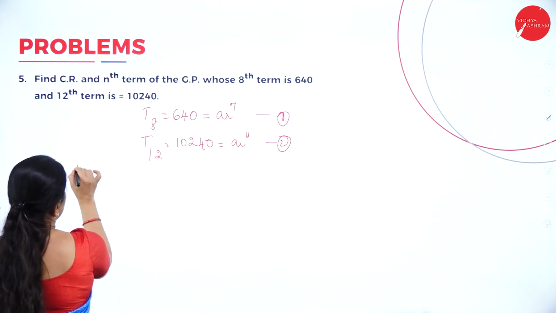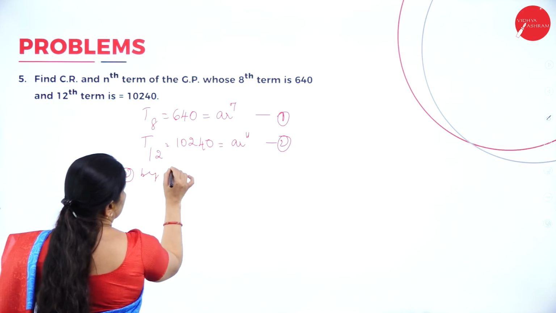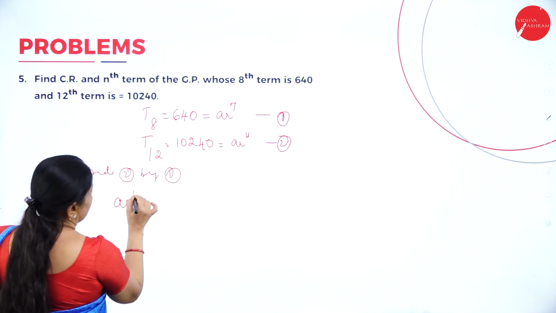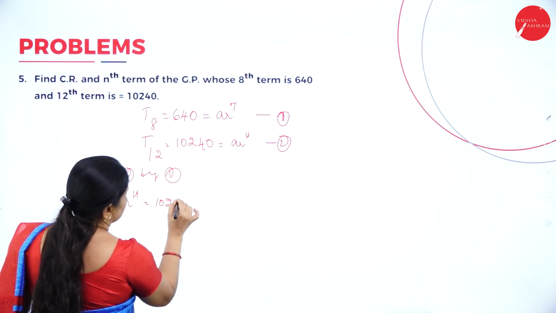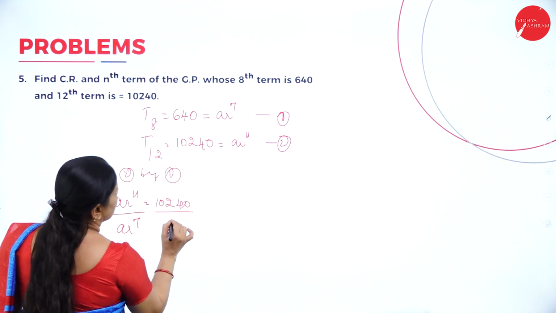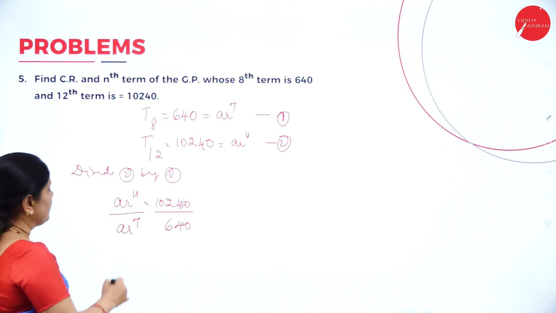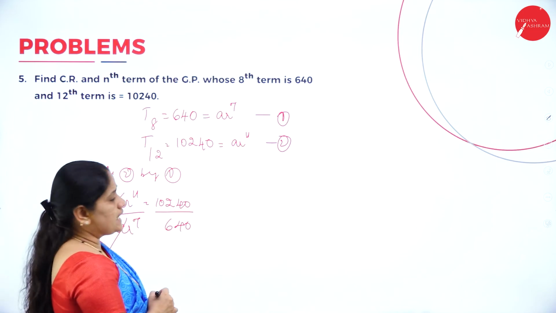Now divide 2 by 1. So I get R to the power 4 equals 10,240 whole over 640. So when I simplify this, A and A get cancelled.